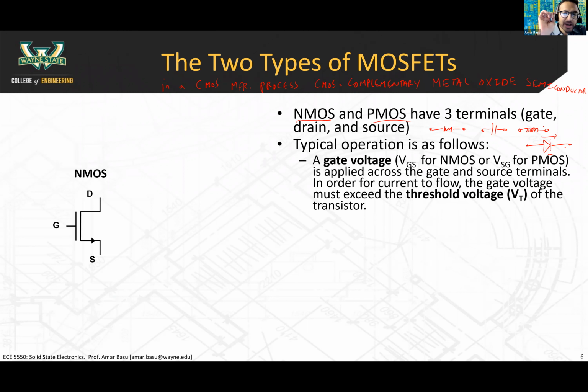You're going to apply a voltage to the gate. As you apply a voltage to the gate, remember the analogy I gave you of a mechanical switch? This is the circuit diagram for a mechanical switch.